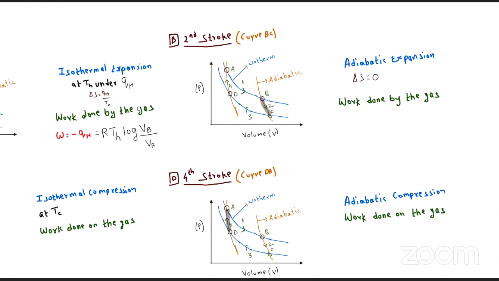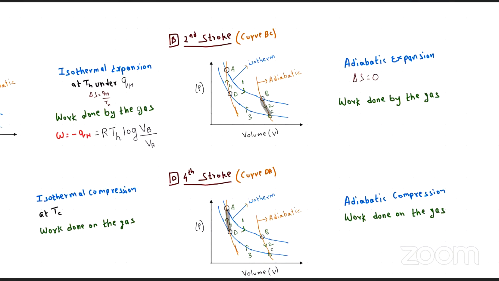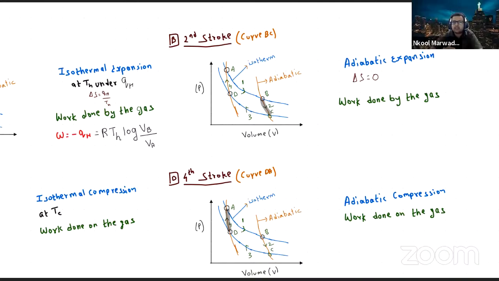And here the temperature will fall. Why will temperature fall? Because we are not getting heat content, and heat is getting converted into work. So temperature will start falling. We are using two notations: TH is the temperature of the hot source, TC is the temperature of the cold region.